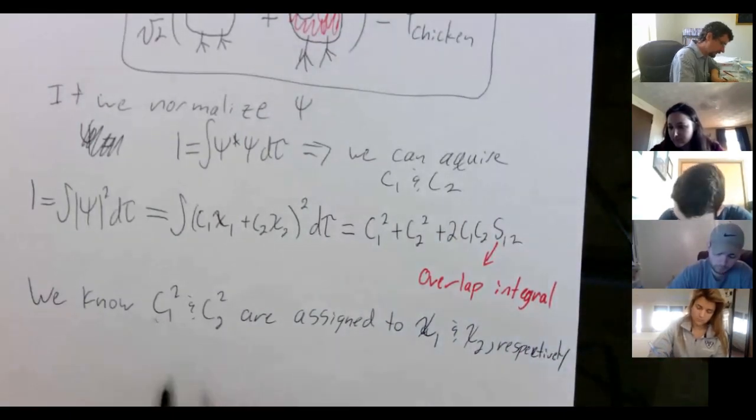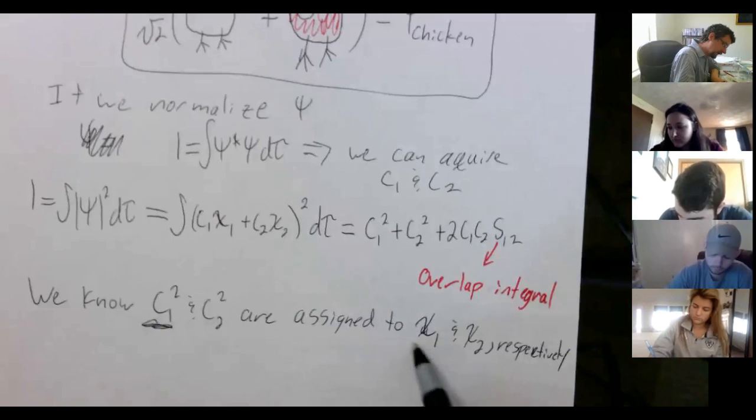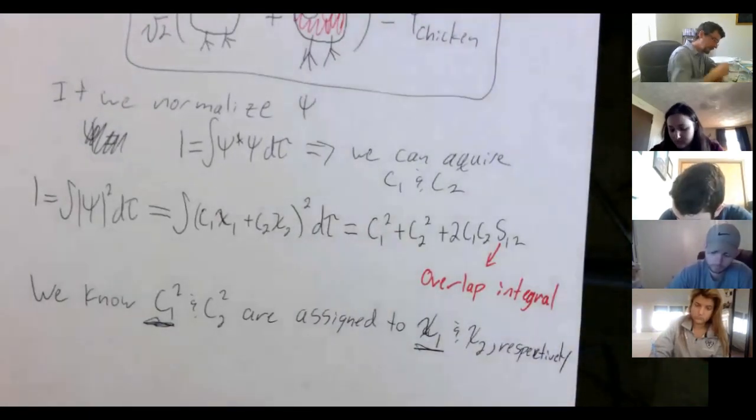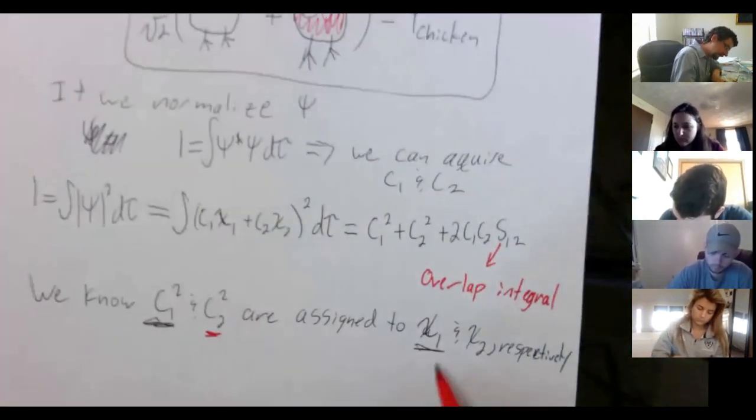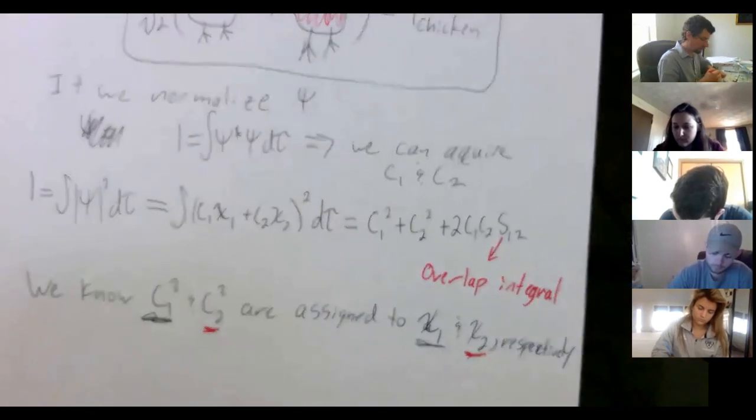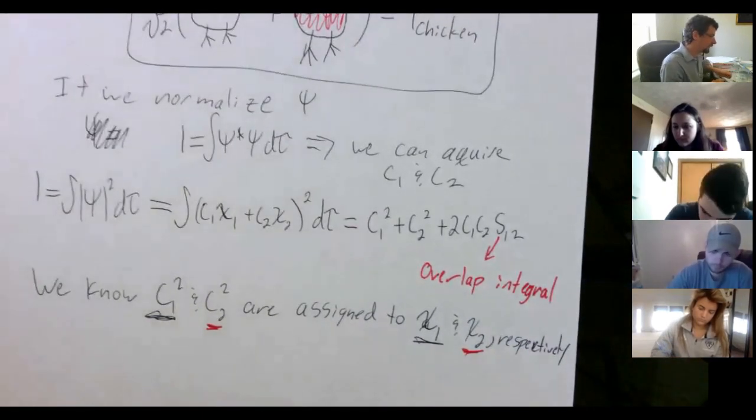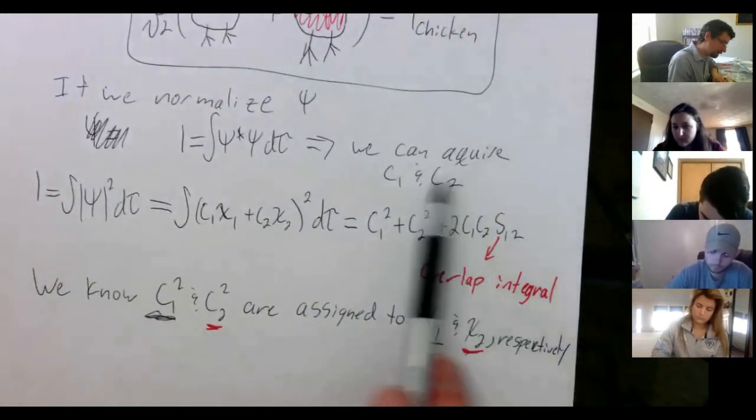So this one connects with that basis function. This one connects with this basis function. But what does this portion mean?